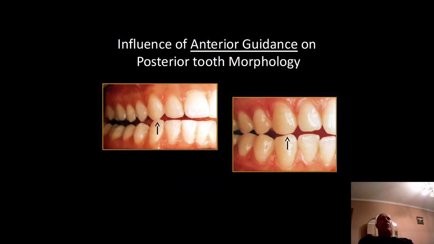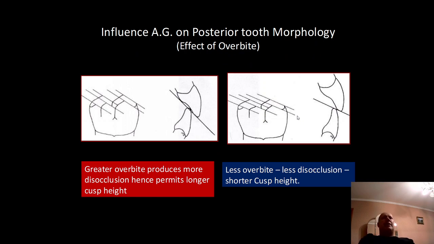This is the influence of anterior guidance on posterior tooth morphology. It depends on one point or several point contacts. Greater overbite produces more disocclusion and hence permits longer cusp height.